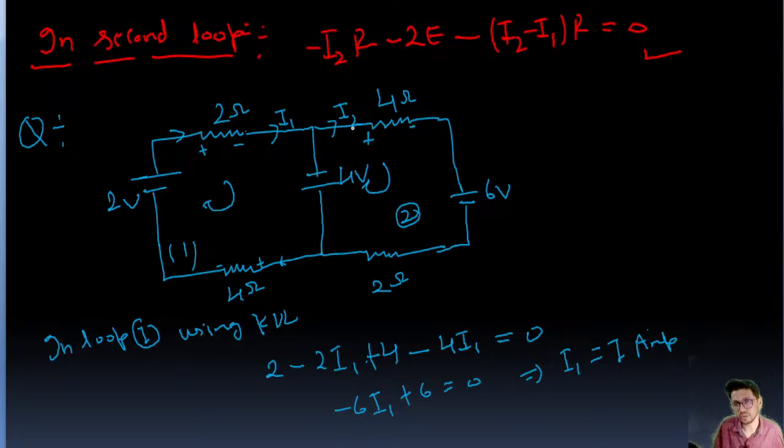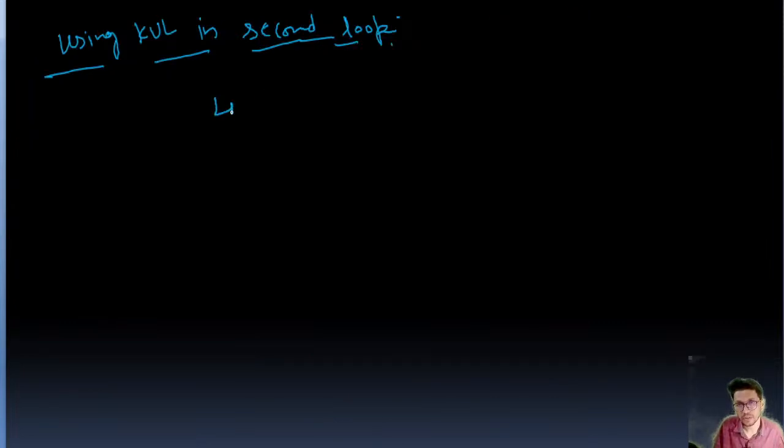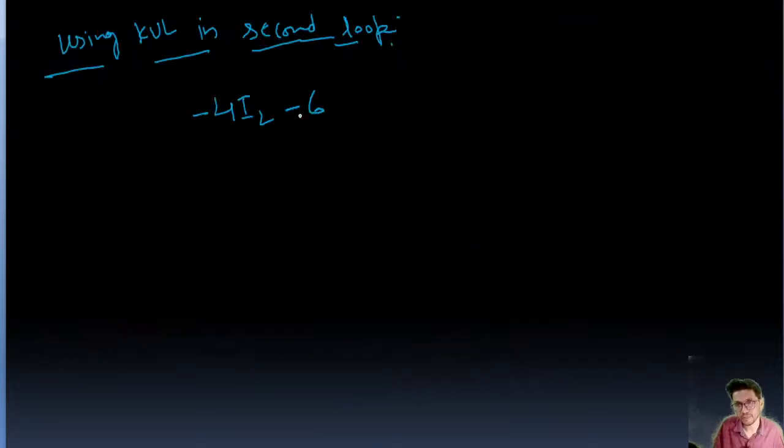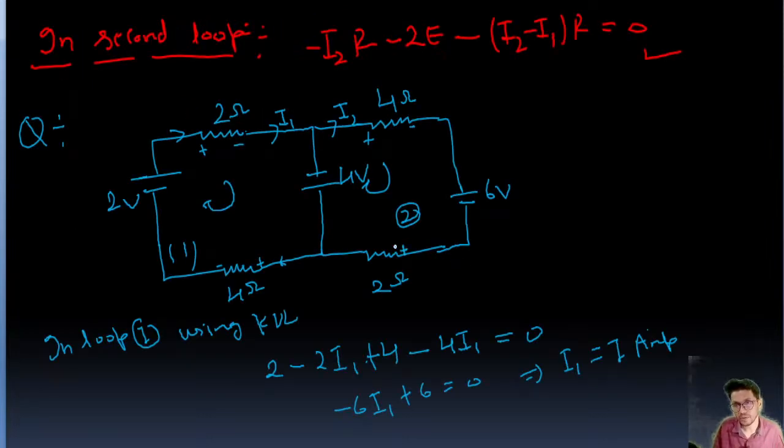So here the voltage is going to be IR, minus 4 I2. And here this is plus to minus, so minus 6. And here you can see the direction is plus to minus. See, this is the current direction.